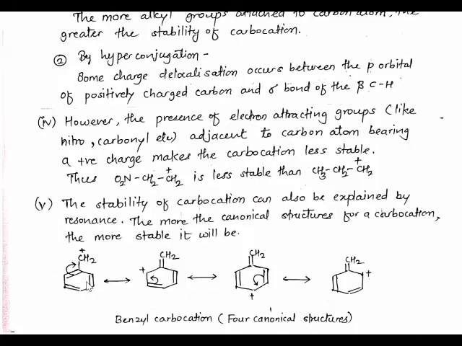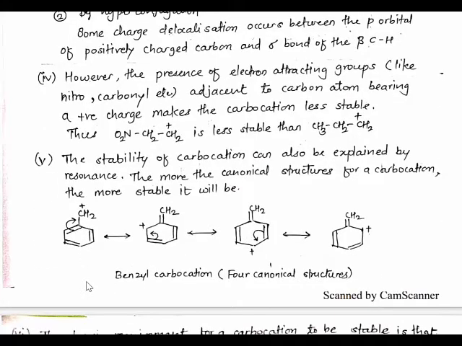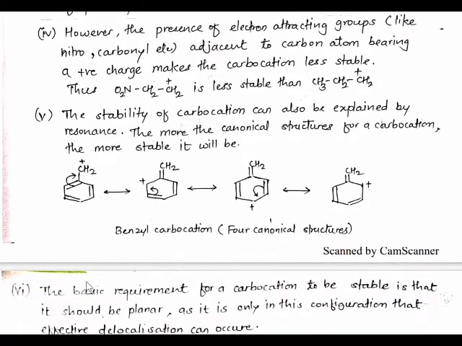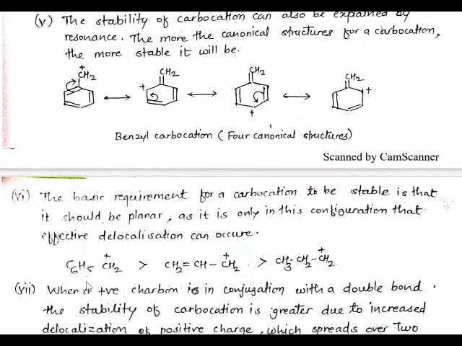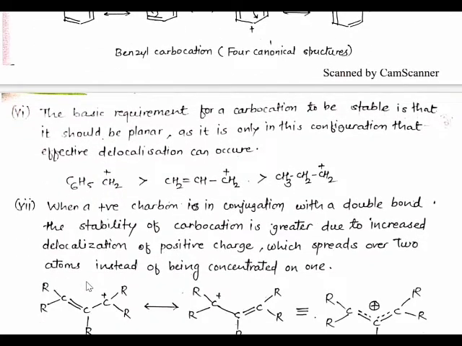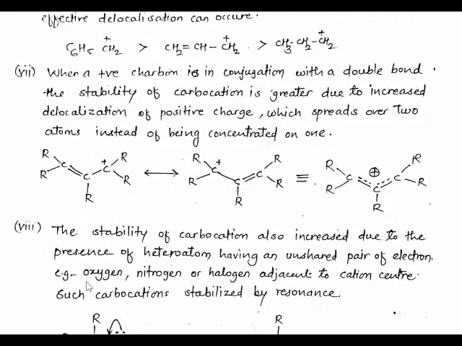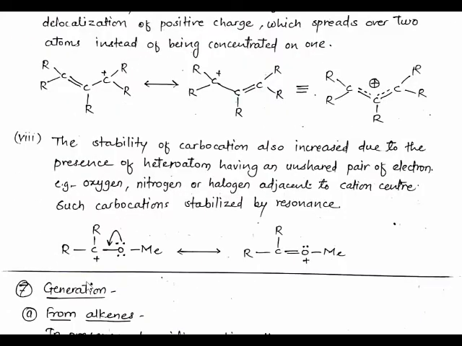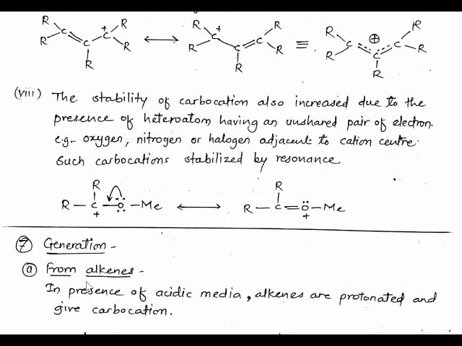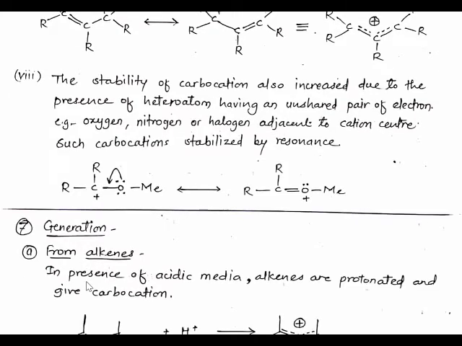Also if resonance is possible, meaning canonical structures are possible for that carbocation, its stability also increases. If more double bonds are in conjugation, the stability will be more. If a heteroatom is present adjacent to the carbocation, then that heteroatom can use its electron pair for the stability of the carbocation.